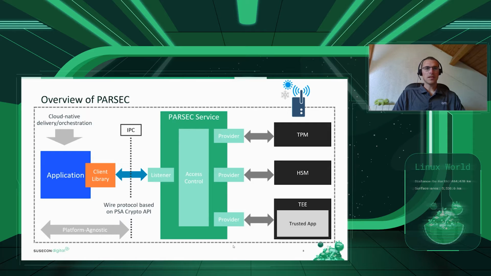And thanks to the client library, you can access the Parsec service through IPC. This is a wire protocol based on the PSA Crypto API. And the Parsec service will do some access control, and thanks to some providers, some backends, it will access the hardware. So it could be a TPM, a hardware security module, or a trusted application for a Cortex-A based machine.